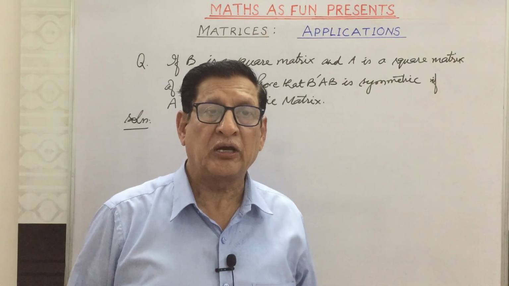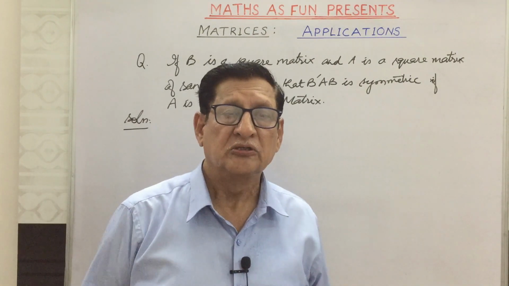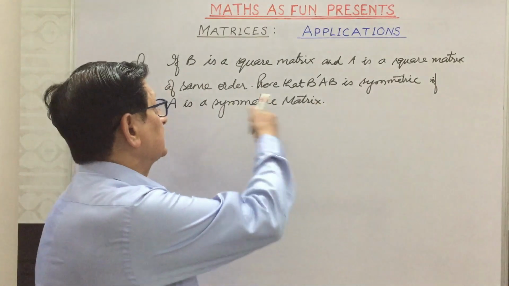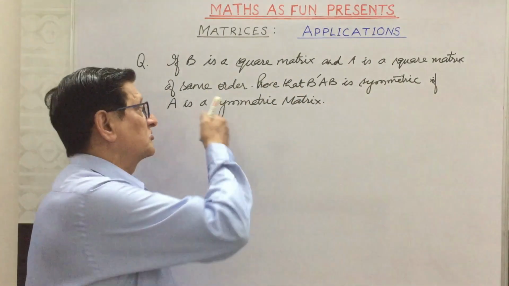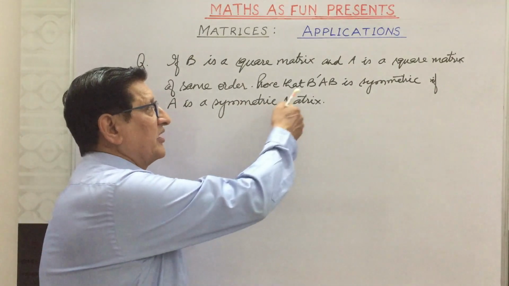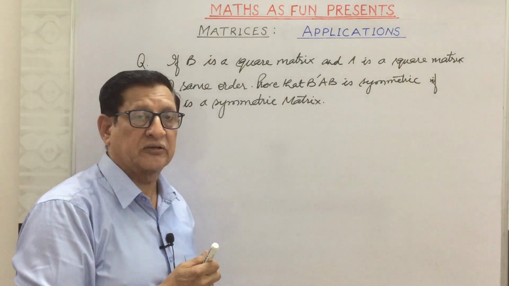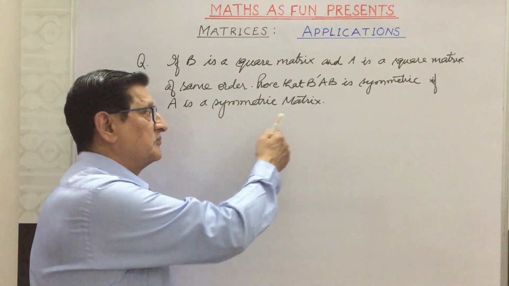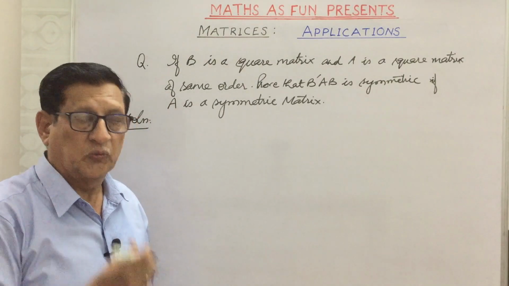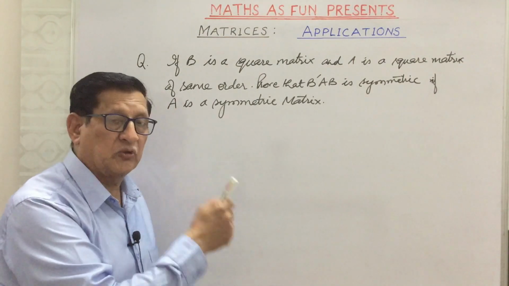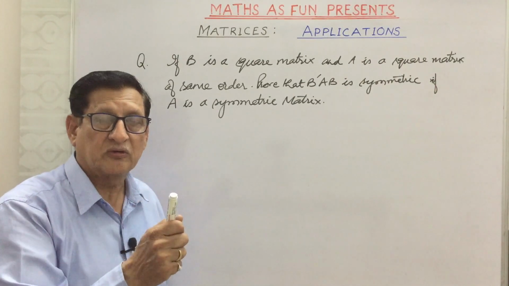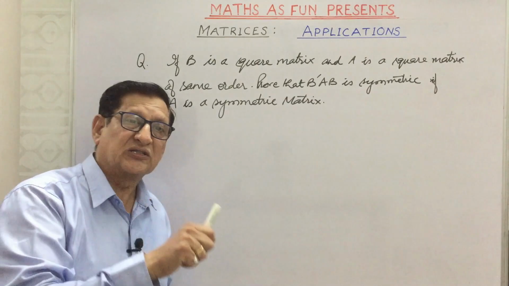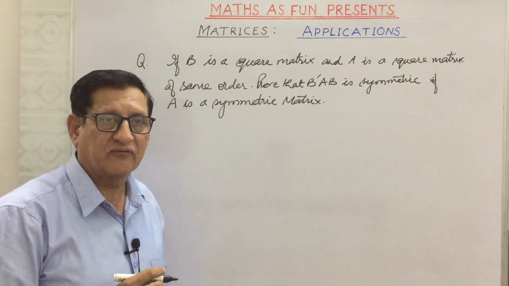Next problem we are discussing is based on the symmetric matrix. If B is a square matrix and A is a square matrix of the same order, prove that B dash AB is symmetric if A is a symmetric matrix. To prove this, we have to use the concept that the symmetric matrix is the one whose transpose is equal to itself.